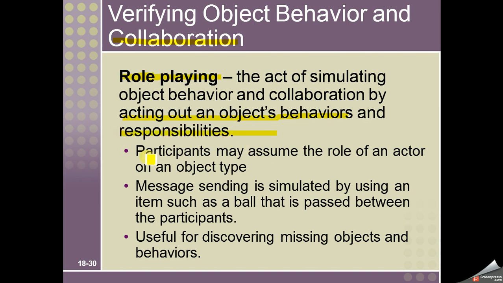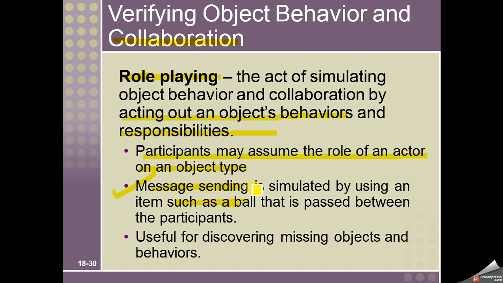We have many objects involved in a use case, so the people will assume the role of all those objects, and they can have a soft ball that is passed between the members to simulate the message sending. So one member will pass the ball to another and say, okay, this message is passed to you.